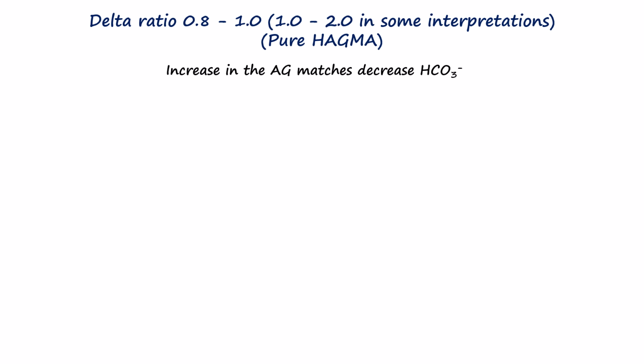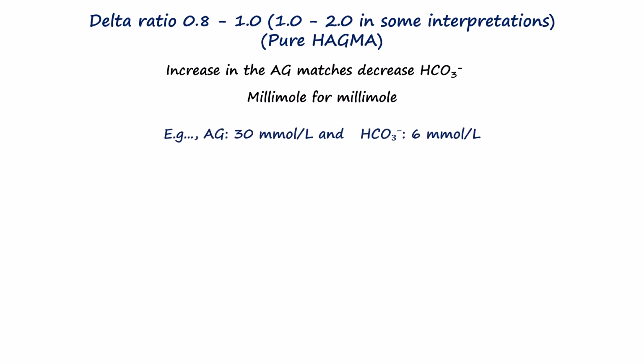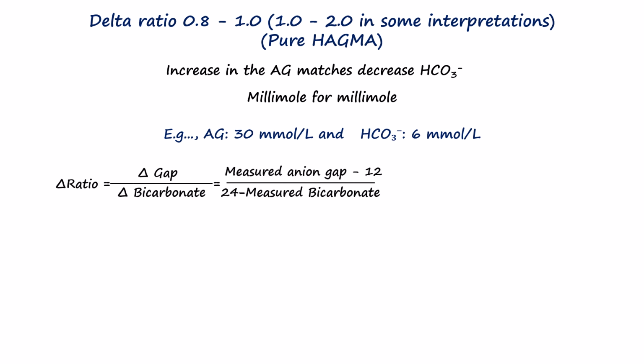So the anion gap increases by 1 millimole per liter and bicarbonate decreases by 1 millimole per liter proportionately. Let's take an example with an anion gap of 30 millimole per liter and bicarb of 6 millimole per liter. As you can see, the change in anion gap and bicarbonate is both 18 millimole per liter, giving a delta ratio of 1.